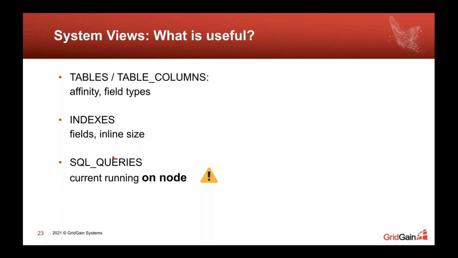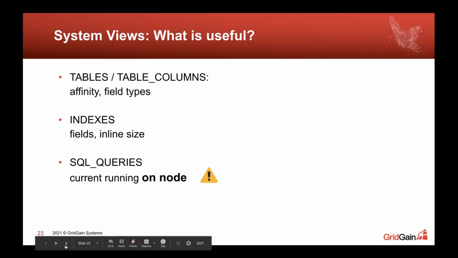One can also request information about queries being executed on a node with the help of one special view, SQL queries, but currently it's entirely local, so it's per node.